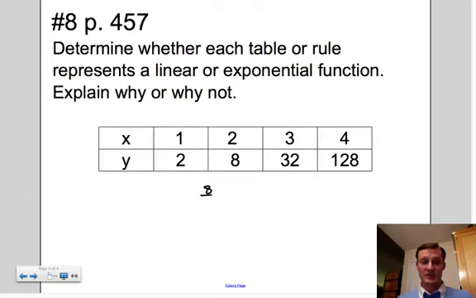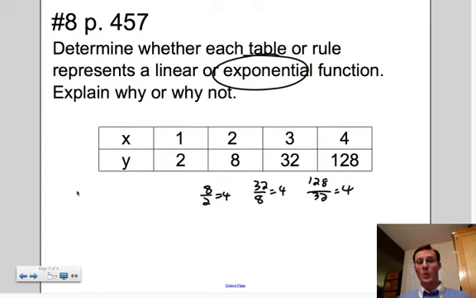8 divided by 2, that is 4. 32 divided by 8, that's 4. 128 divided by 32, that is 4. And so you see that is exponential. Why is it exponential?